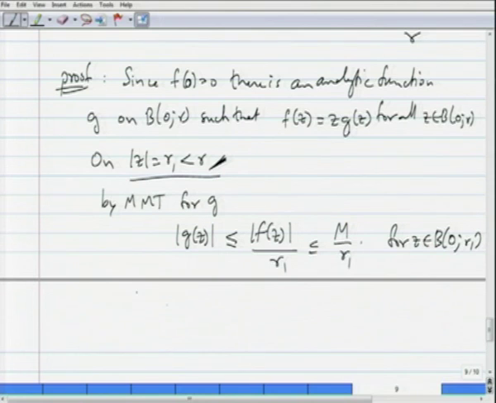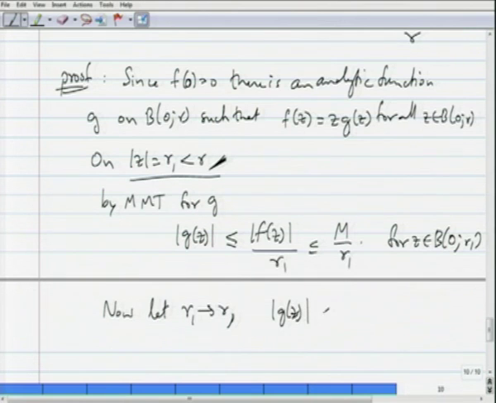And now, letting r1 tend to r, we can conclude that modulus of g of z is less than or equal to M by r for z belongs to B(0, r).